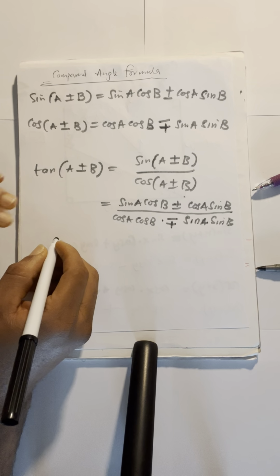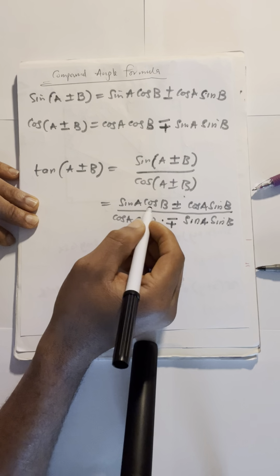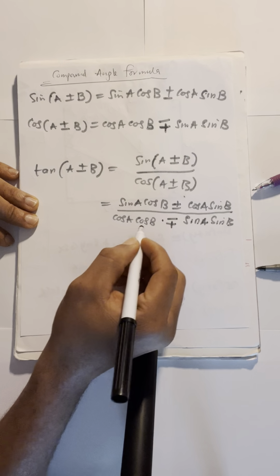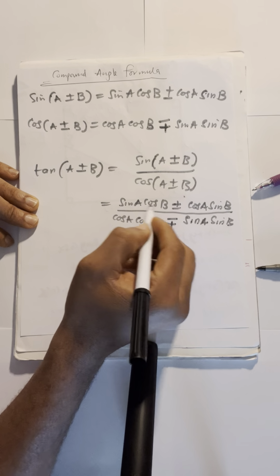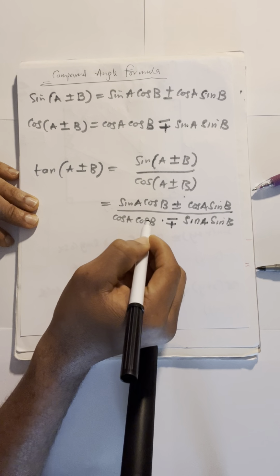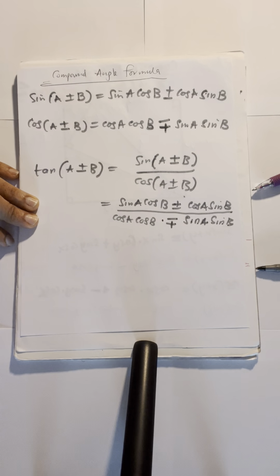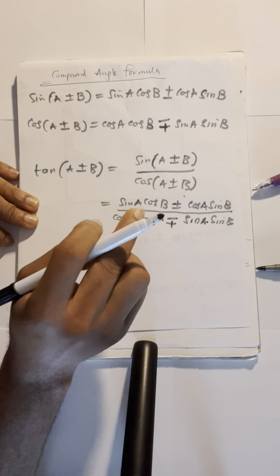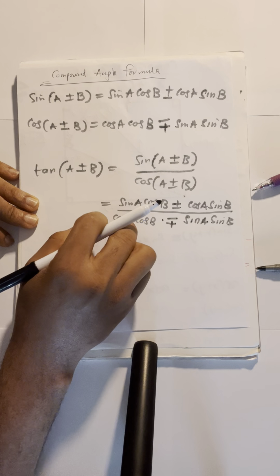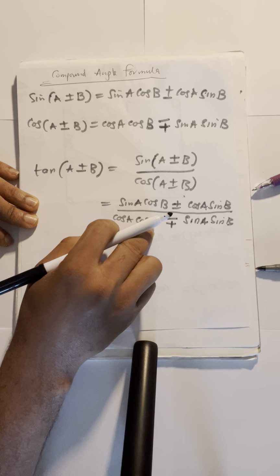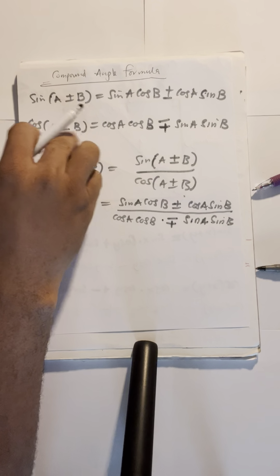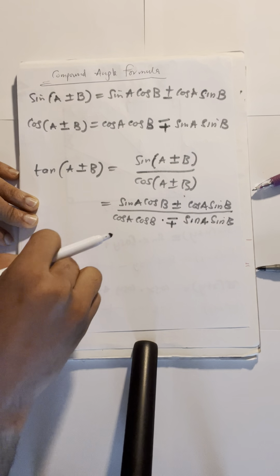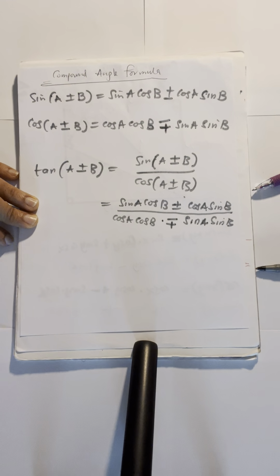so having said that, we can divide both the numerator and the denominator by cos A cos B. But to do this, the condition is that I'm dividing by cos A cos B, keeping in mind that angles A and B, or whatever compound angles I have used here, are both positive and less than 90 degrees, meaning they are acute angles.